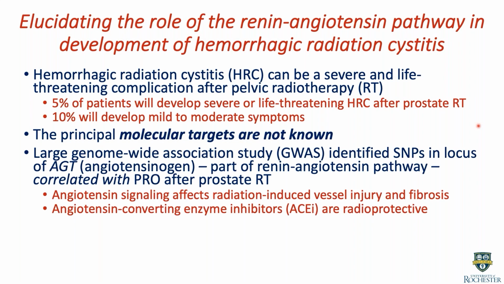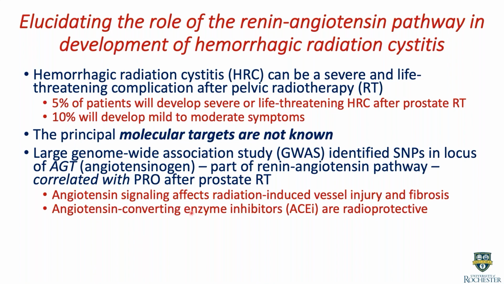But a large genome-wide association study conducted by Sarah Kearns when she was in Rochester identified SNPs in the locus of the angiotensinogen gene, and this is part of the renin-angiotensin pathway. And SNPs in this AGT gene correlated with patient-reported outcomes following prostatic radiation therapy. And angiotensin signaling affects radiation-induced vessel injury and radiation-induced fibrosis.